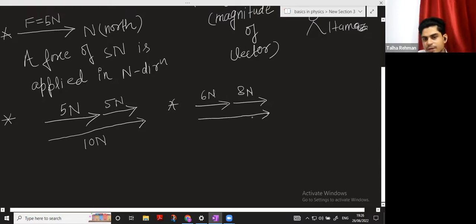You will draw an arrow like this. What will be the answer? Please tell now. Anyone, please. 14. Now, please tell, yaar.